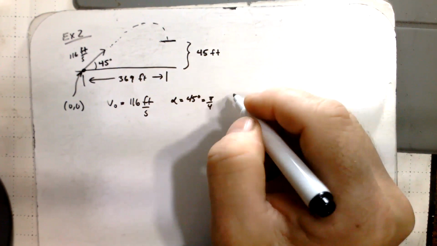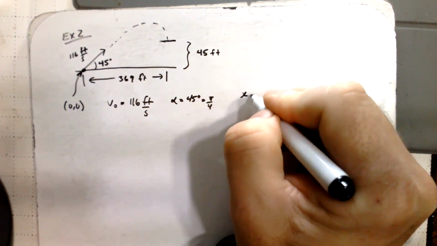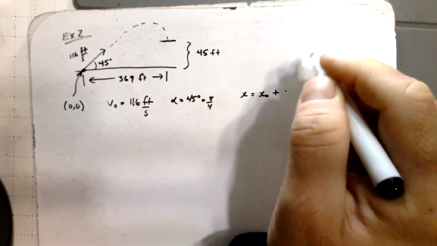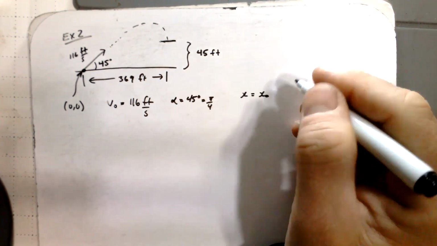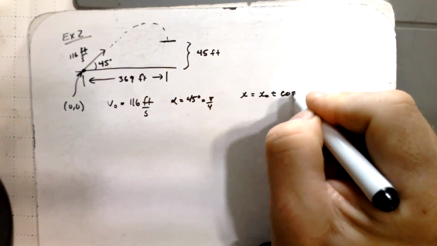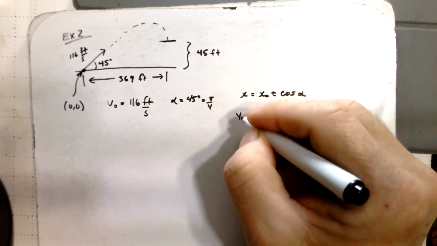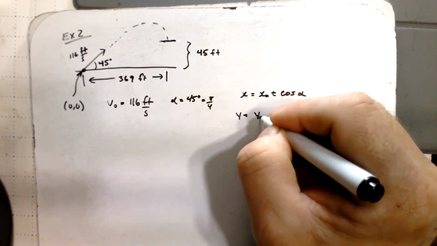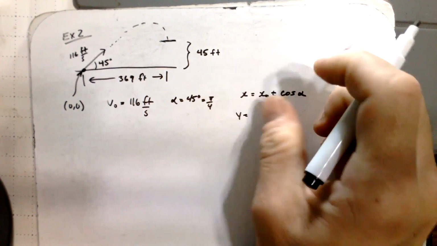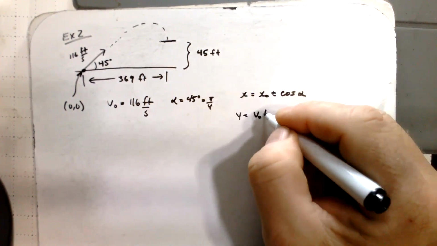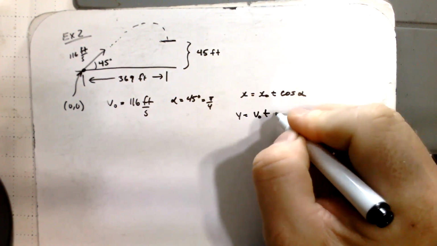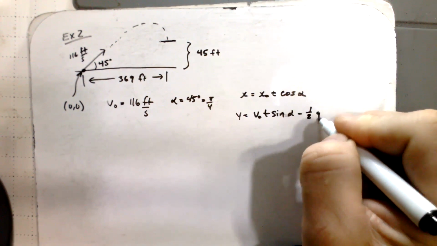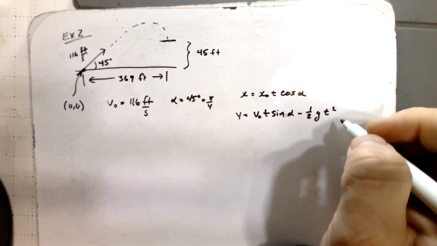We know that x is equal to x naught plus v naught t cosine of alpha, and y is equal to what? v naught t sine alpha minus 1/2 g t squared.